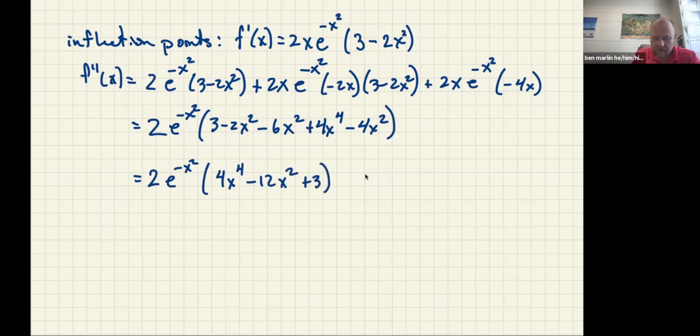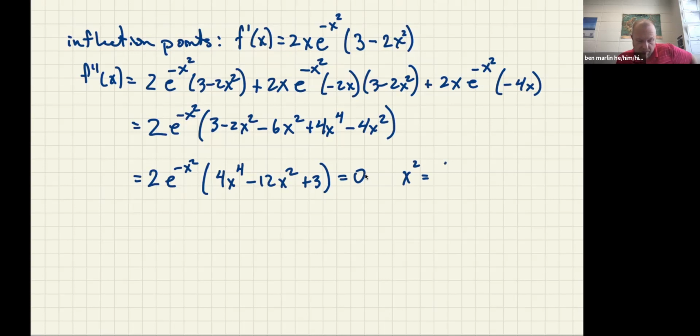When we set this equal to 0, because we have x squared and x squared squared, we can go ahead and solve for the x squared here by using the quadratic formula.